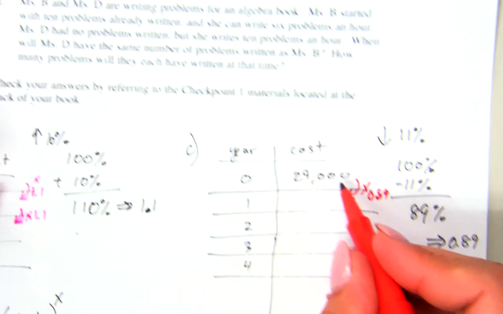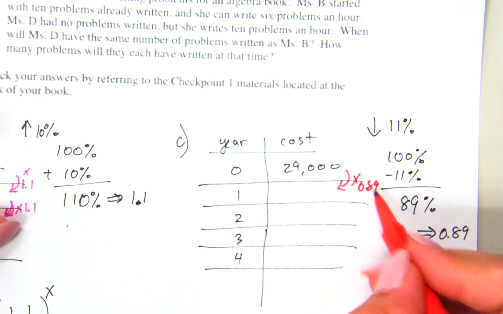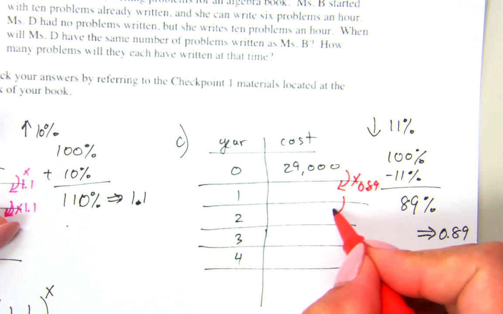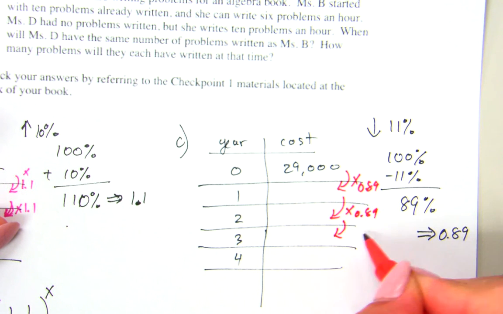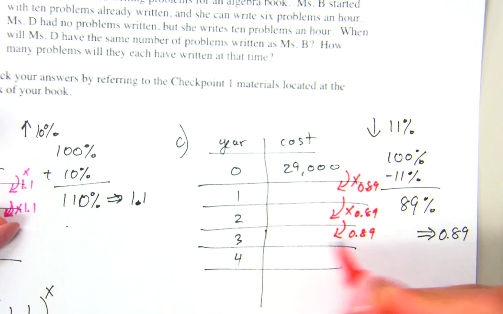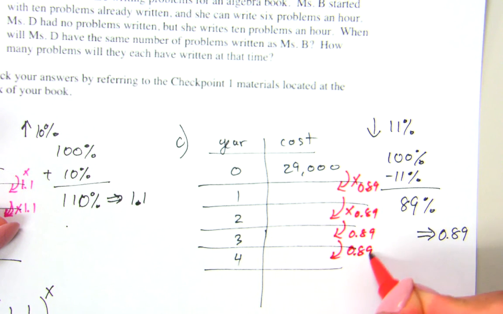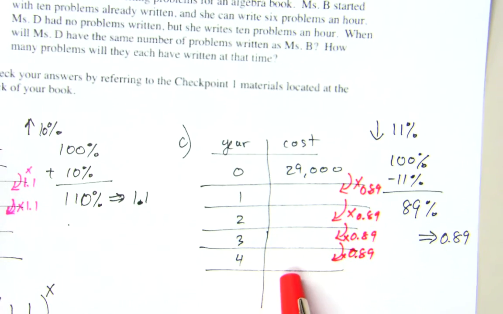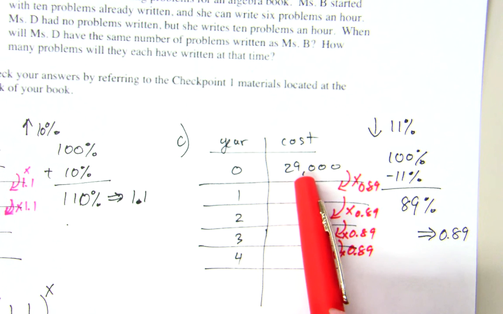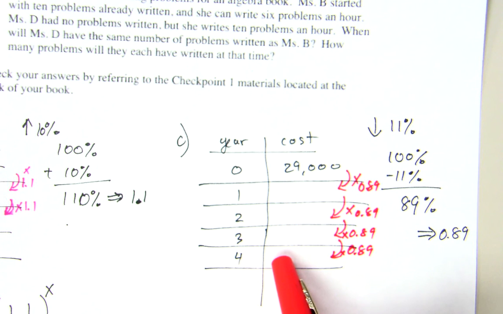You're going to take 29,000 on your calculator and multiply it by 0.89, take that number, multiply by 0.89 again, and you get the idea. So in 4 years, he should have significantly less than $29,000.